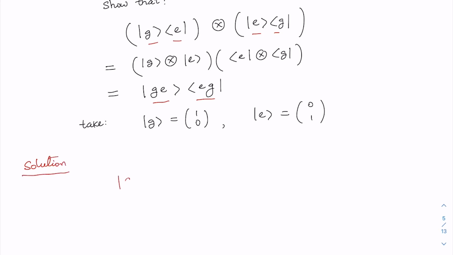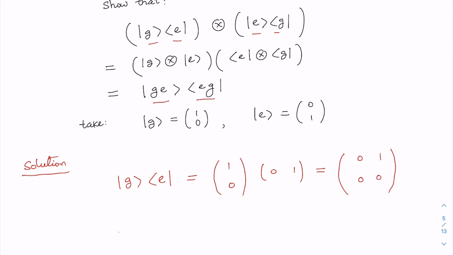So first let me work out ket 0 bra 1. So this is the outer product. So ket 0 is 1 0, bra 1 would be 0 1. So if I take the matrix multiplication, I will have 0 1 0 0.